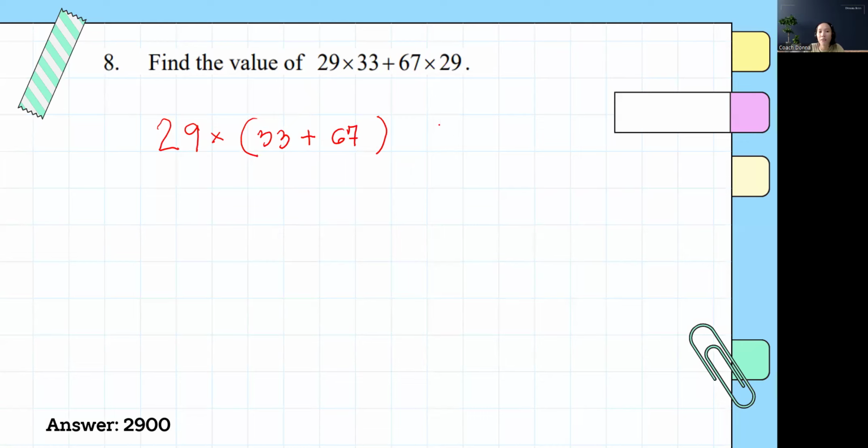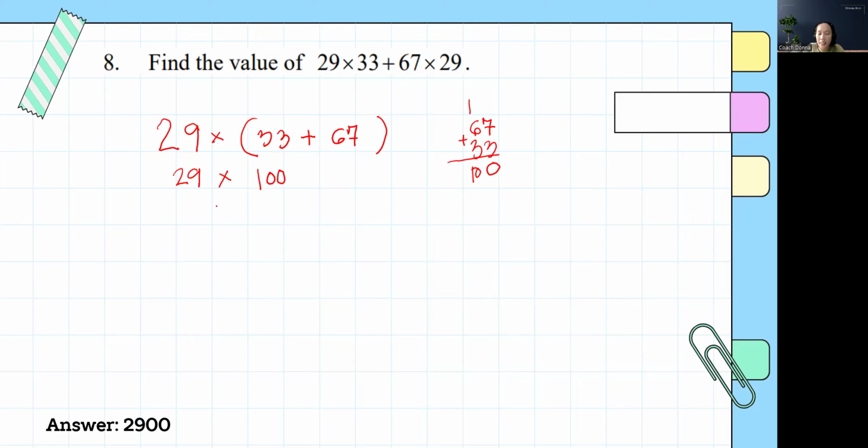33 plus 67, you would find that it's equal to 100. Let's show it here. So 7 plus 3, that's 10. Carry 1. 6 plus 1, 7 plus 3, that's 10. So we have 100 times 29.